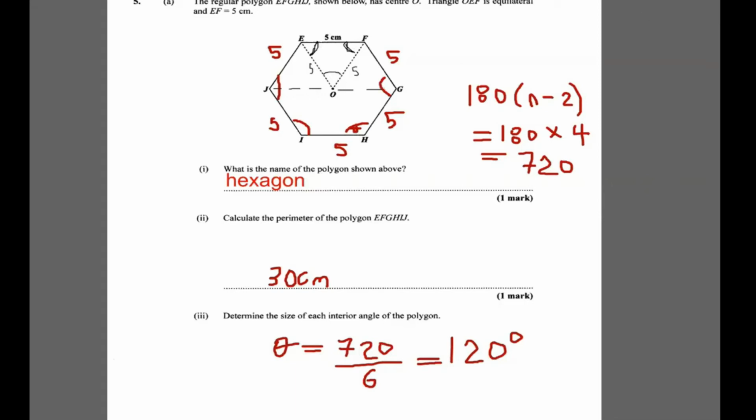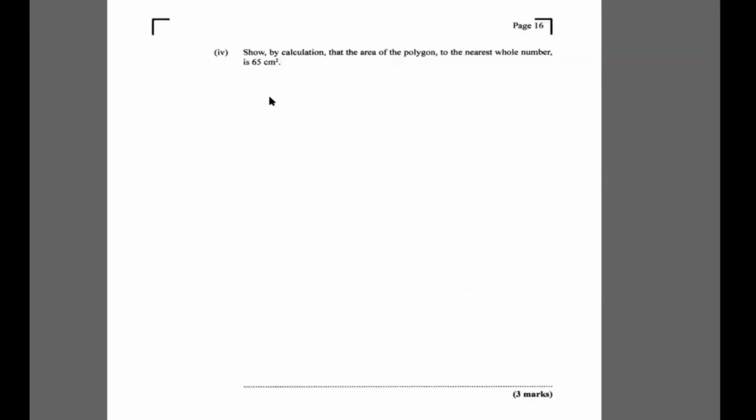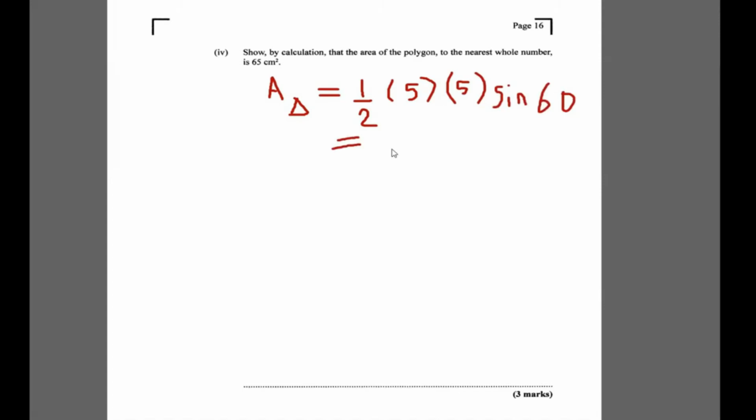Now we can find the area of that triangle easily. I'm going to use half ab sine theta. The area of the triangle is a half times 5 times 5 times the sine of 60, which is 5 times 5 times 0.5, multiplied by sine 60.